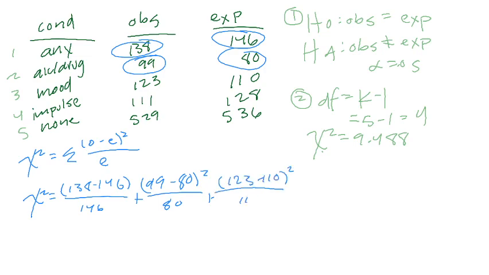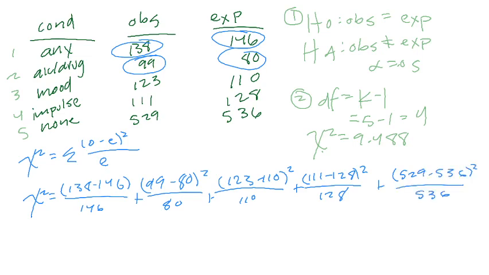Taking the differences, squaring them, and then dividing by our expected values. And then we get a sort of breakdown here. I'll go ahead and show this to you in a couple parts.